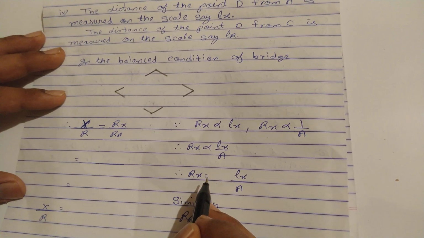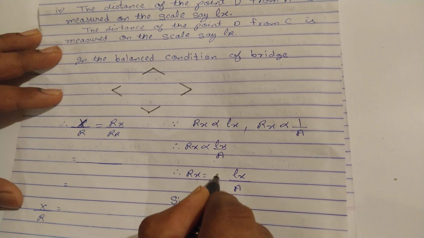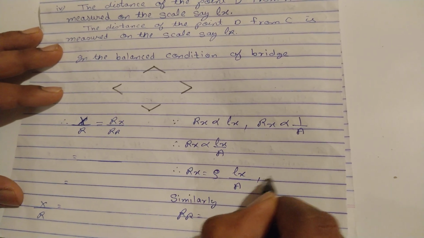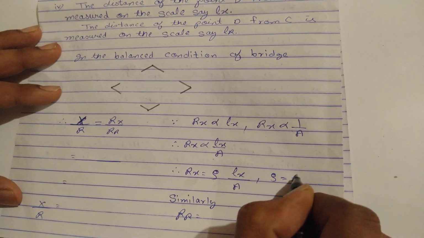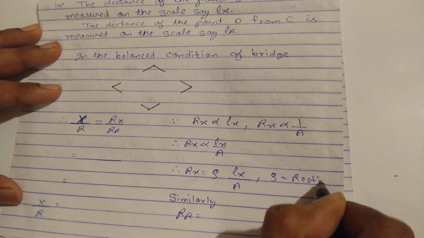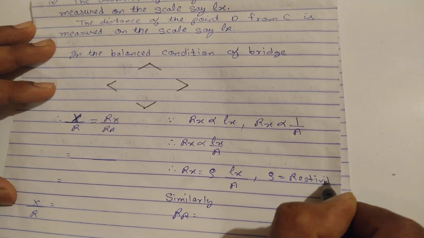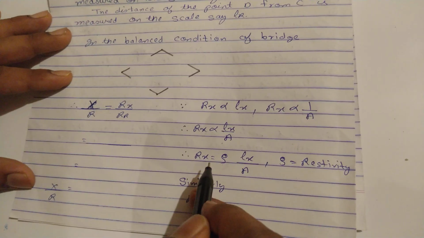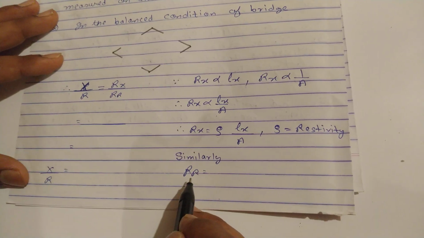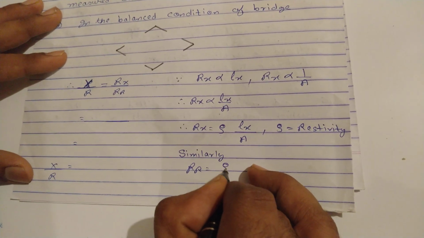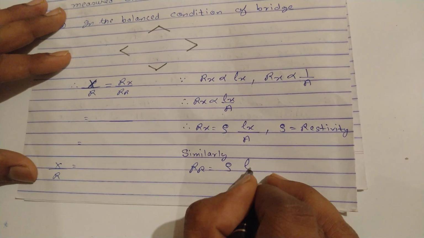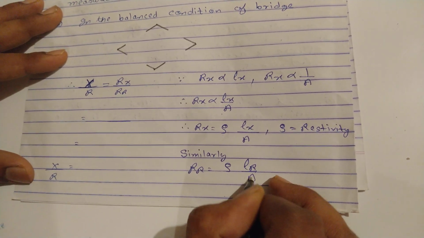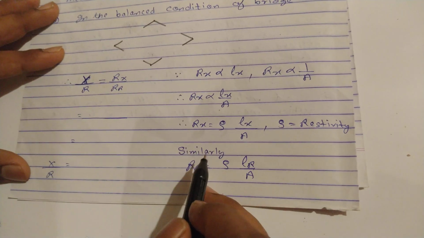If I put an equal sign, the proportionality constant is called resistivity. So Rx is rho Lx upon A, and similarly for Rr, the value will be rho, that is resistivity, Lr upon A. Why is A the same? Because it's a uniform wire.